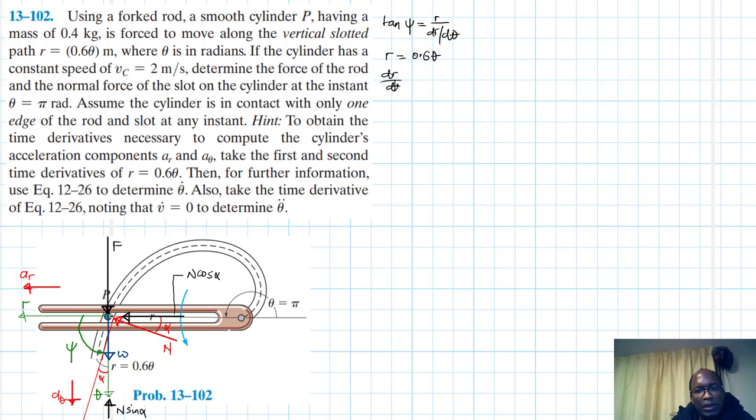Therefore dr/d theta will just be equal to 0.6. Therefore tan psi is just equal to 0.6 theta divided by 0.6. Okay, and we are evaluating this at theta equal to pi. Alright, and therefore our psi is just equal to tan inverse of pi.